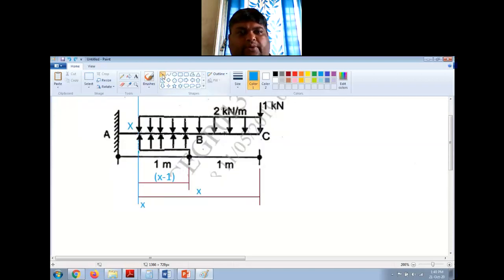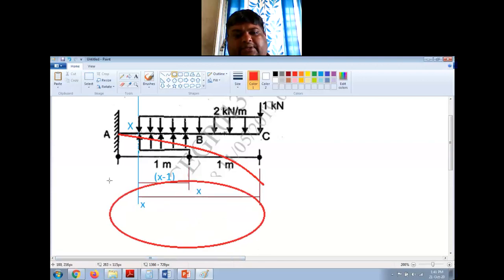Because of load, the beam is going to bend like this, and when we extend this, this will be like an arc of a circle.